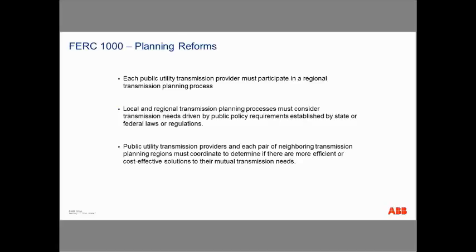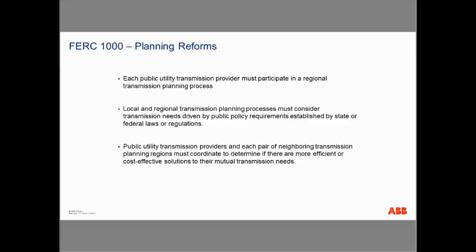Or things like state RPS's, renewable portfolio standards, where you have a need to build renewables, and those renewables may have transmission associated with them. So there could be a transmission need associated with requirements from federal or state entities that should be considered during these planning processes.